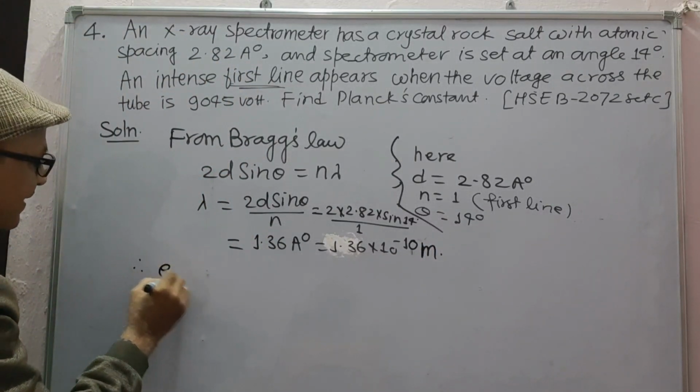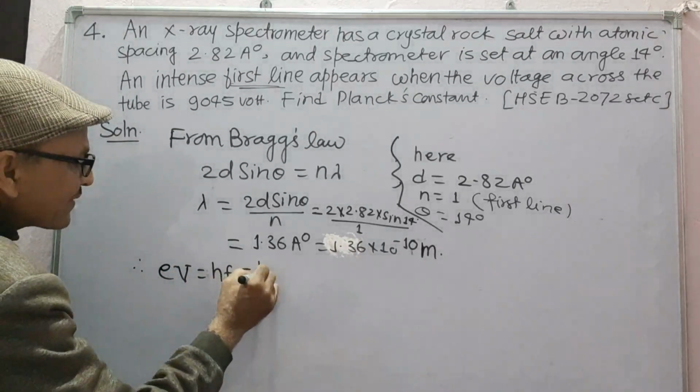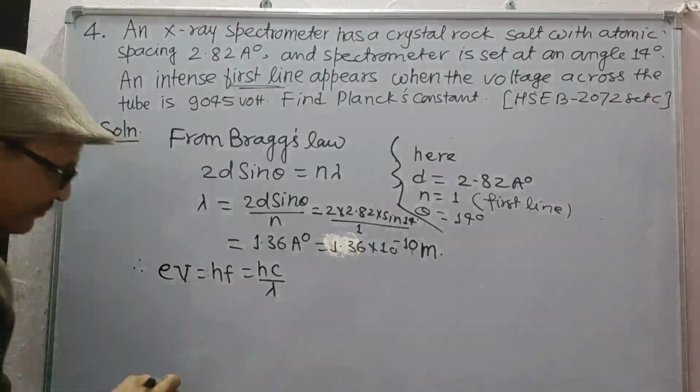Now E into B is equal to HF, which is HC upon lambda.